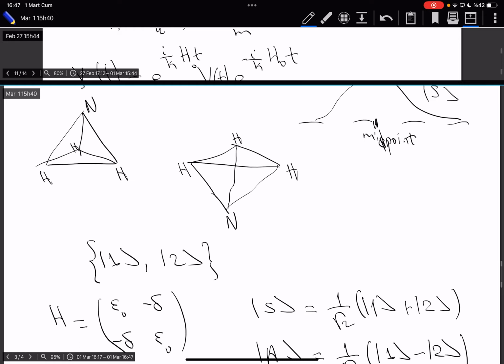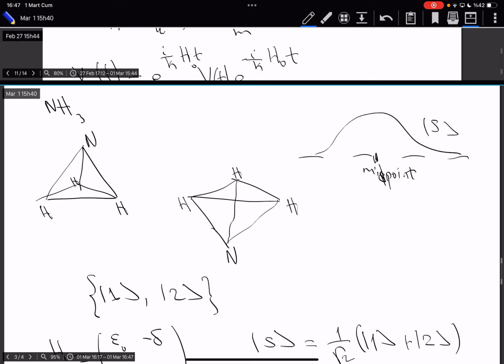The antisymmetrical wave function will look like this. So the probability of observing the nitrogen at the midpoint for the antisymmetric wave function will be 0. But if you look at that antisymmetric wave function, its derivative is large. That means it has a large kinetic energy, so its energy will typically be larger.